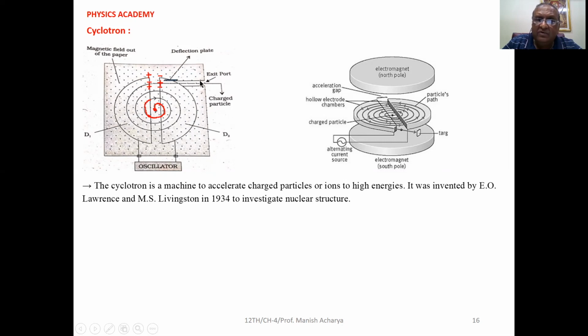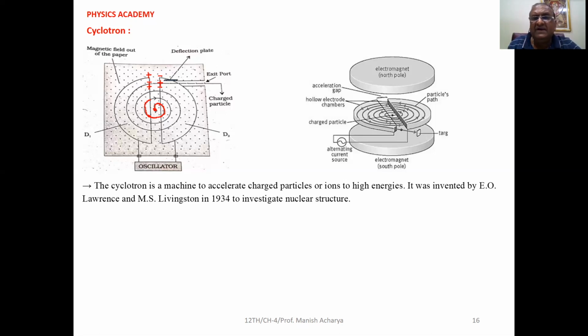Now when this particular charged particle comes out from the exit port, it is highly energetic. And this highly energetic charged particle is bombarded on the crystals, or we can say samples, for which we want to carry out the study of nuclear structure.